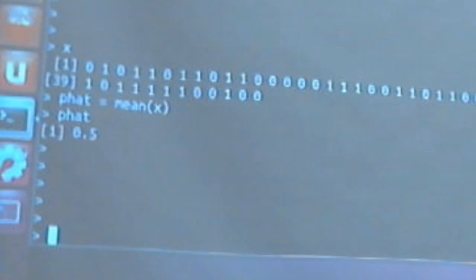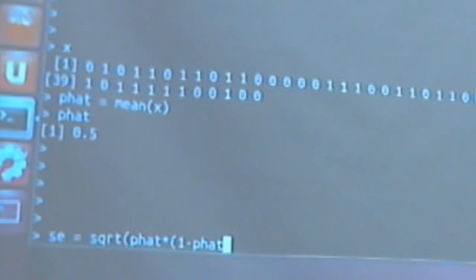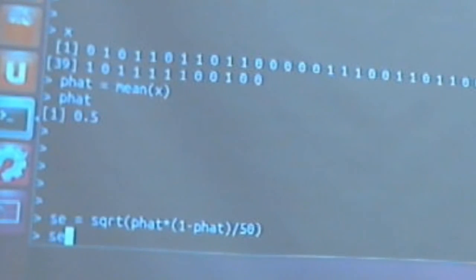I call this a symmetric confidence interval. In practice, I'm going to report P hat and the standard error and then the confidence interval. The sample size was 50, so there's my standard error.